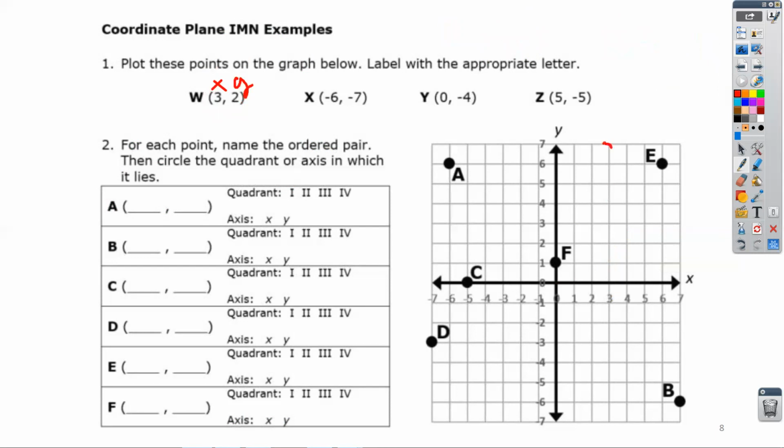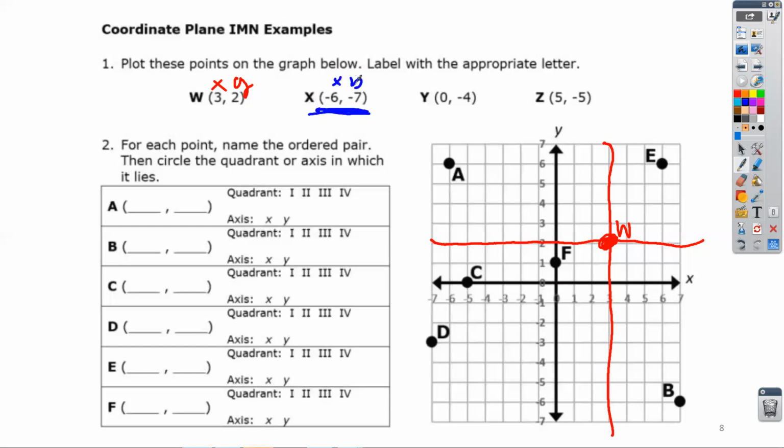So here's 3 on my x, and here's 2 on my y, and wherever they cross, put a dot, and there's W. Now, if you choose to do it that way, which is fine, make sure you change colors for the next one. So point X, so my X and then Y.